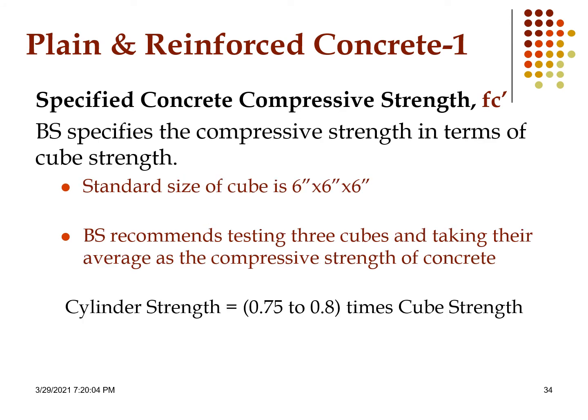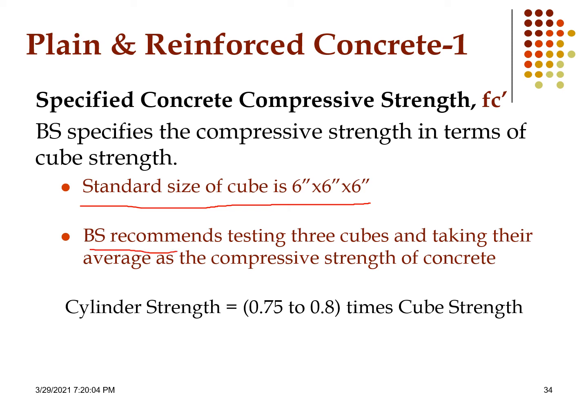Now according to the BS standard, compressive strength needs to be figured out on a standard cube of size 6 by 6 by 6 inch. So ASTM says compressive strength on a cylinder specimen, and British standard says compressive strength on a cube of size 6 inch.